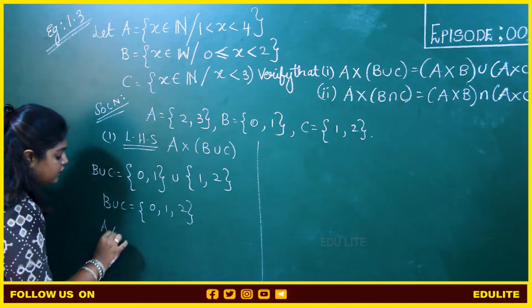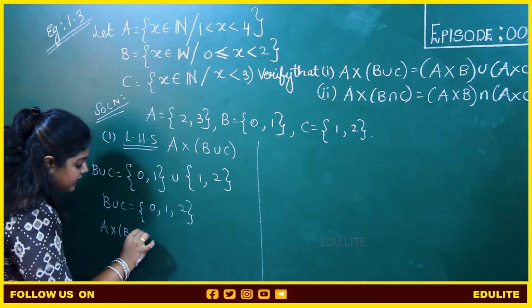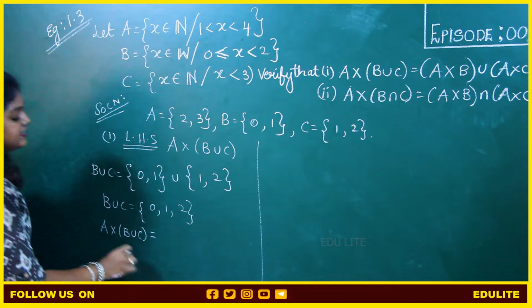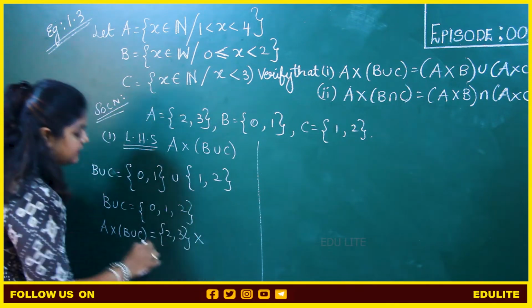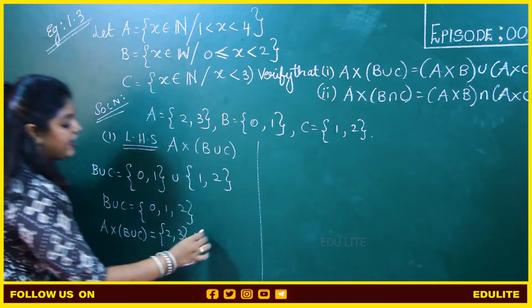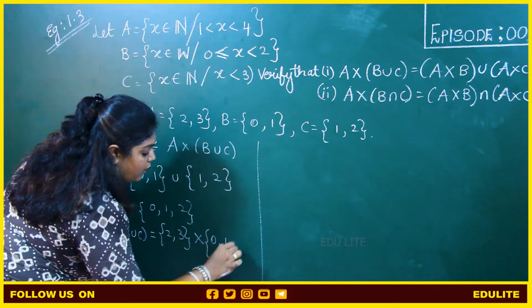Moving on to A cross (B union C), the value of A is 2, 3, cross product with B union C, which we have found as 0, 1, 2.